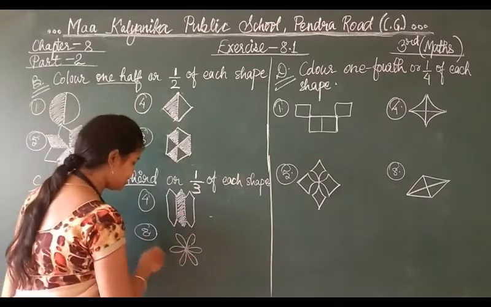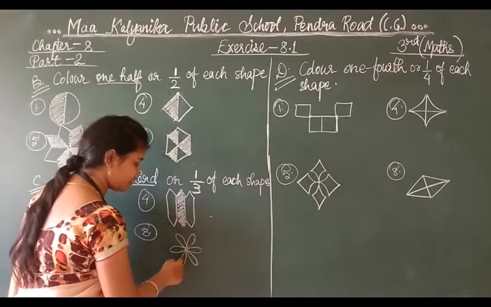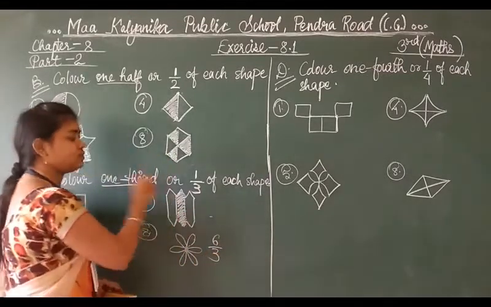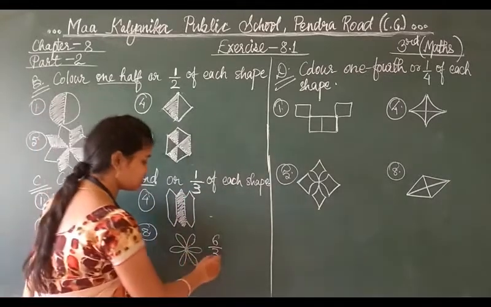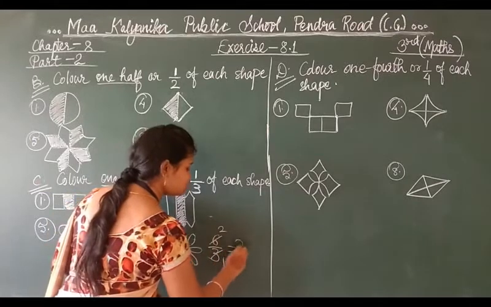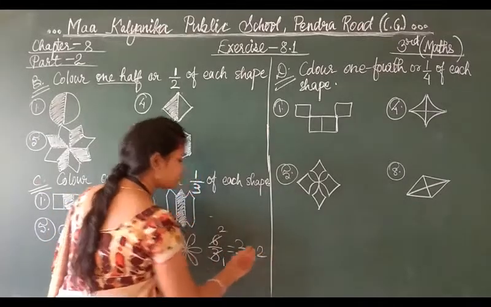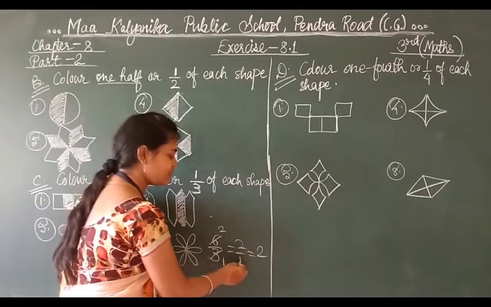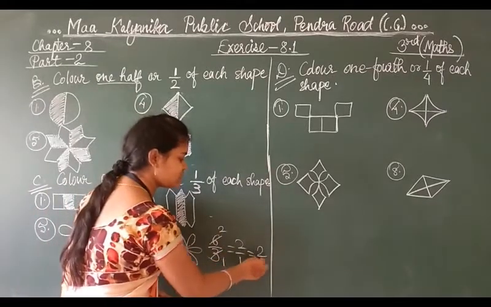But here, see students, question 8: 1, 2, 3, 4, 5, 6. 6 is there. We will divide it by 3 because we want the 1/3 of it. So simply, students, 3 ones are 3 and 3 twos are 6. So 2 by 1 is equal to 2, because 1 is in the denominator.